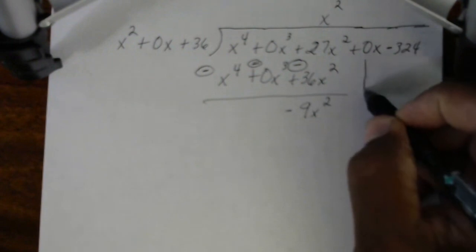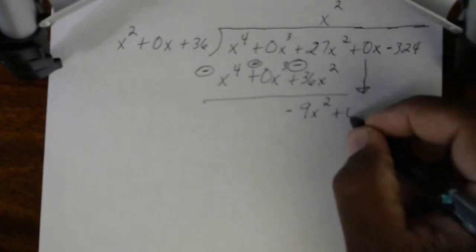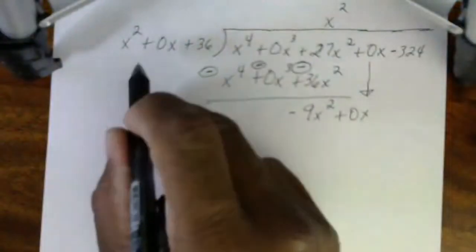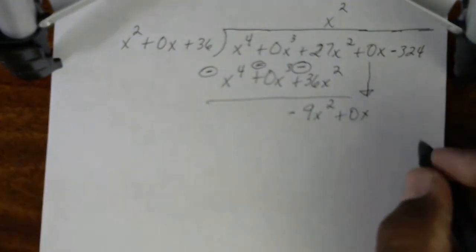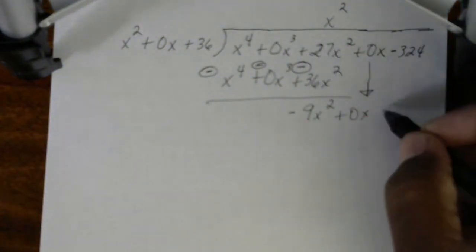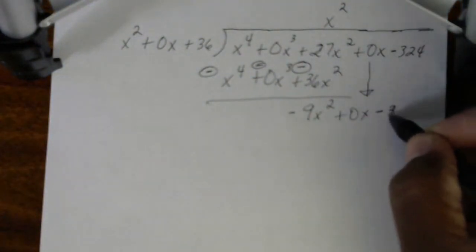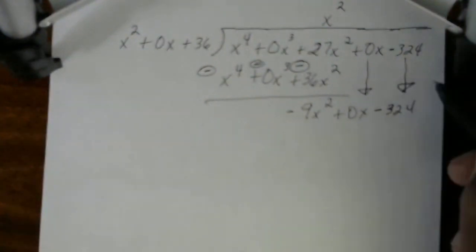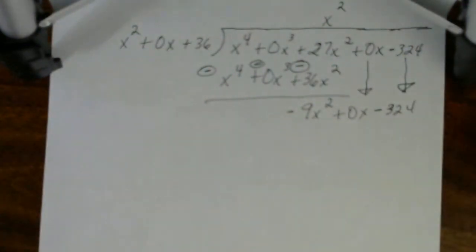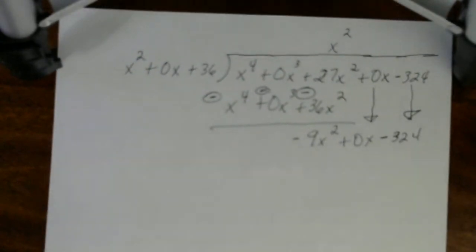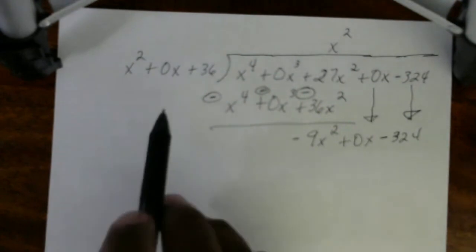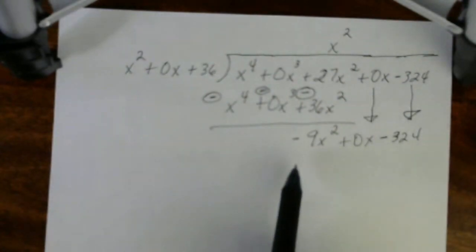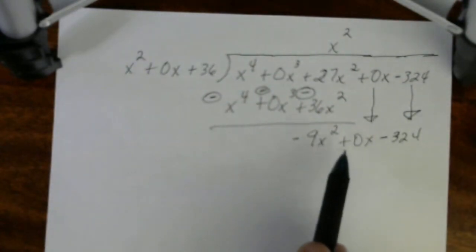So then I must bring down my 0x, right, because I have to maintain 3 terms. I have to bring down negative 324. All right, so we're concentrating on x squared and negative 9x squared.